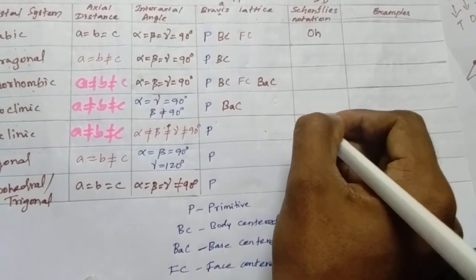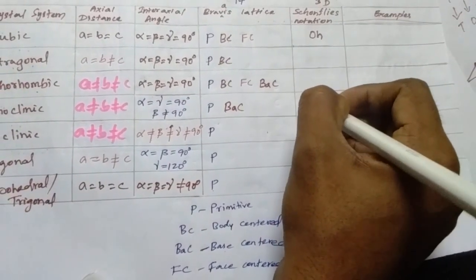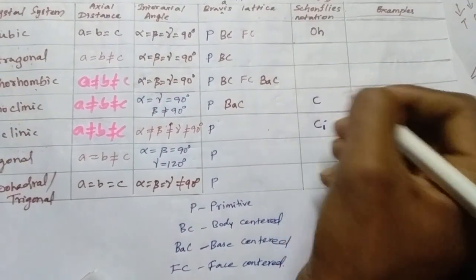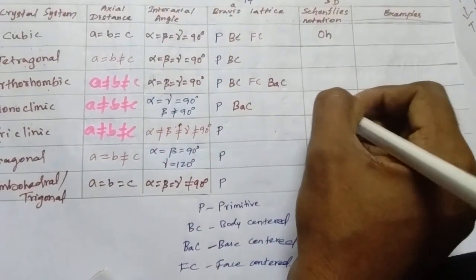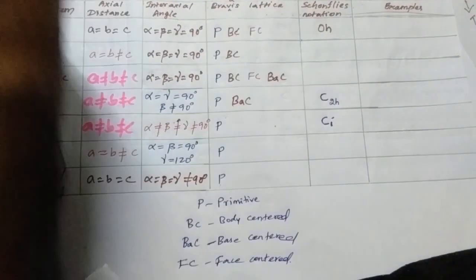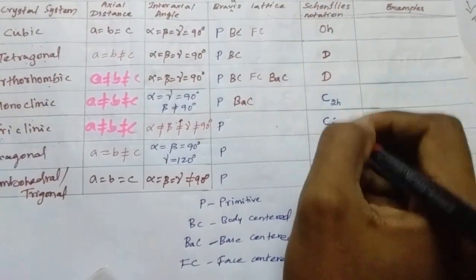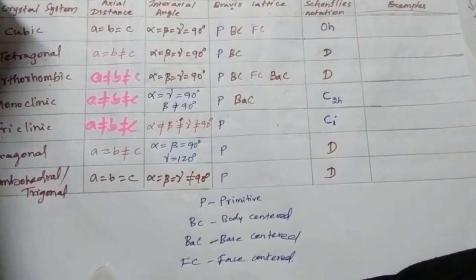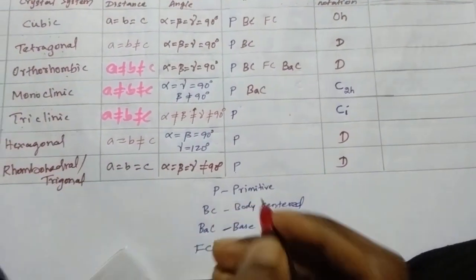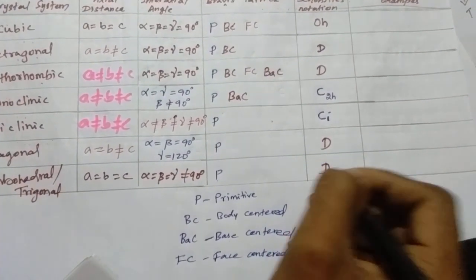Okay, then near this triclinic you can write monoclinic. Okay, C, right? C2h. So other than this you can write D for all others. Just remember rhombohedral or trigonal only have D3d point group, D3d.